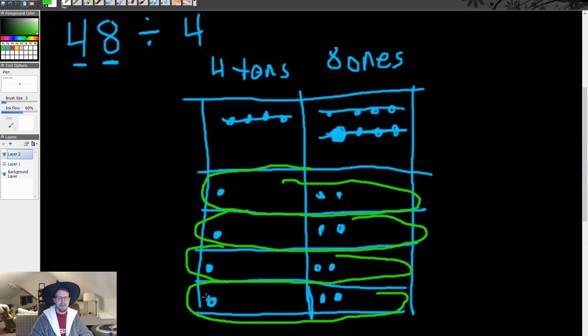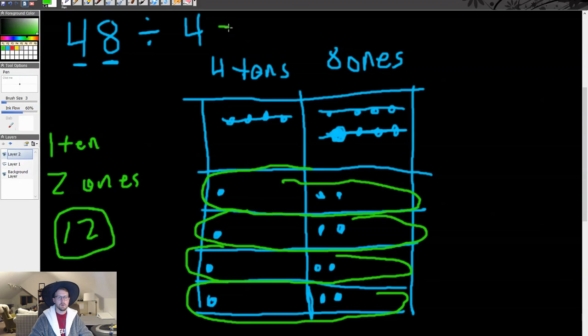Well, they have 1 ten and 2 ones. Or if we were going to write that in standard form, 1 in the tens place and a 2 in the ones place for the number 12. So our quotient here, 48 divided by 4, is 12.